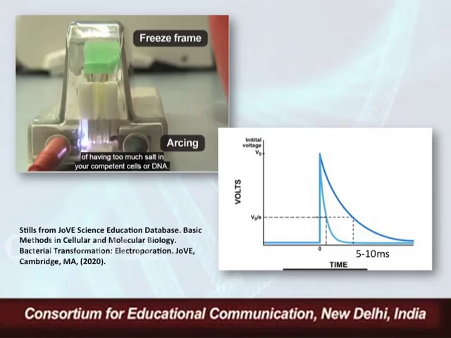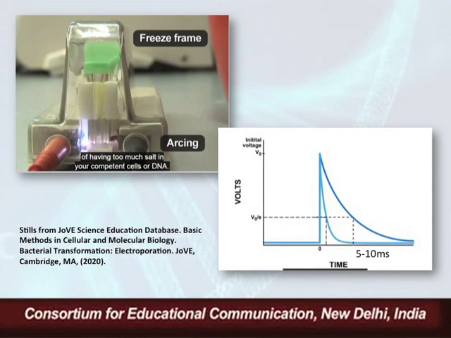Then what happens is that there occurs a spark. This spark, called arcing, damages your cells or DNA and just kills the cells, because it is not giving an appropriate electric discharge. When we give the pulse, in this graph this is the pulse we are giving.